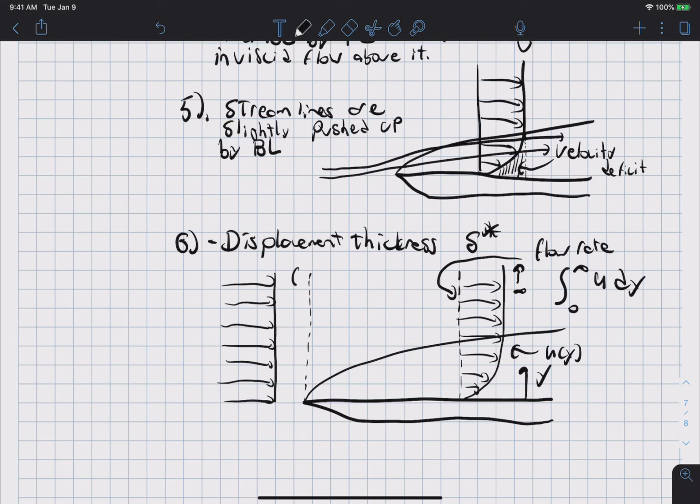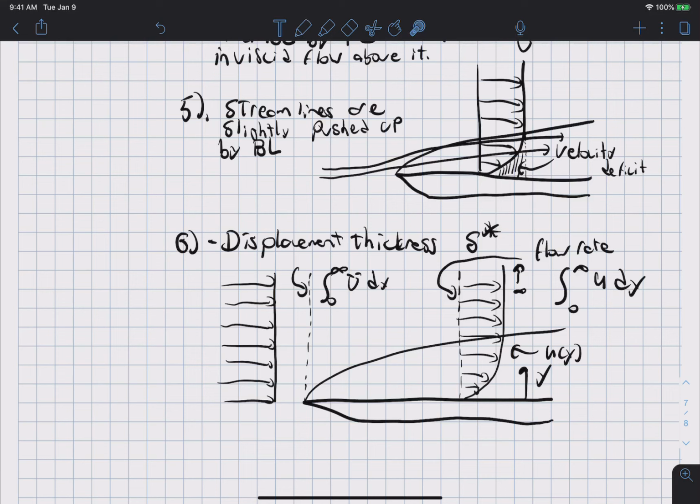And I compute the flow rate through this surface here, the integral to infinity of u of y dy. But here, in this location, it has not felt the presence of the boundary layer. So here it is equal to the free stream velocity, and so that's basically constant.